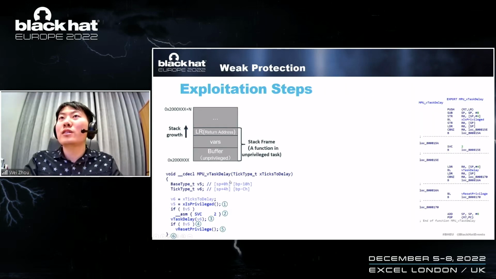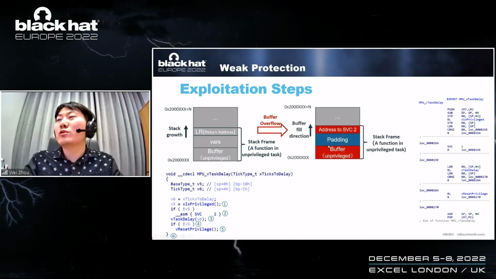So let's go further to detail the exploitation steps with a simple buffer overflow. We can see this is the buffer, and it can be overflowed. We force the overflow to reach just the return address, so as to make the program jump to the internal SVC handler to raise the privilege.